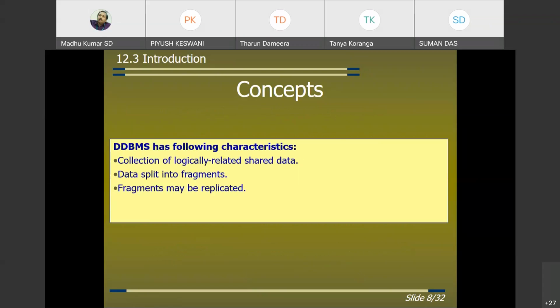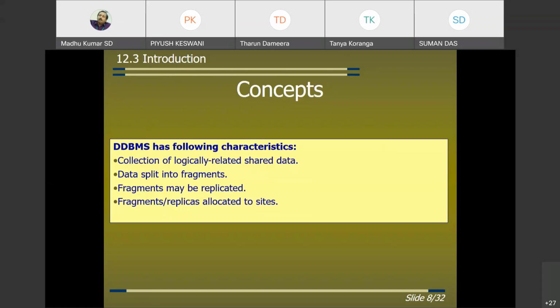Now we can look at a few concepts. DDBMS has the following characteristics. It is a collection of logically related shared data, and the data is split into fragments. That is an important thing. Then the fragments can be replicated. You may have one copy of the data in one country, maybe Ukraine, another copy in Russia, or another copy of the same data in Poland.